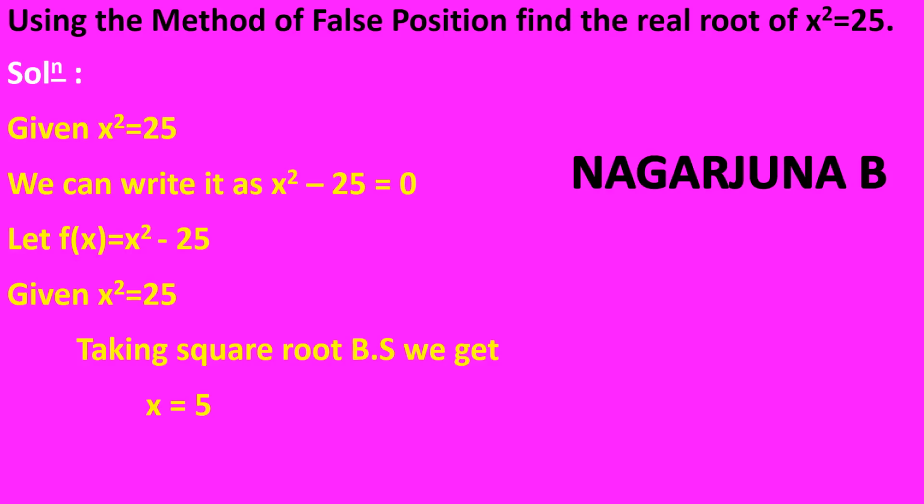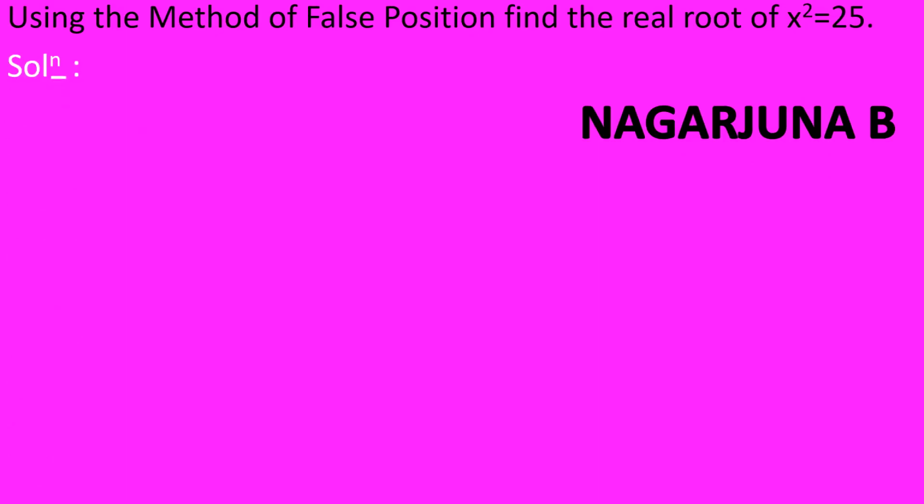Square root of 25 is equal to 5. Therefore, x is equal to 5. Now, to find the root for this given equation, we have found that x is equal to 5, which is the correct value. But to find that correct value, we need to take the intervals.